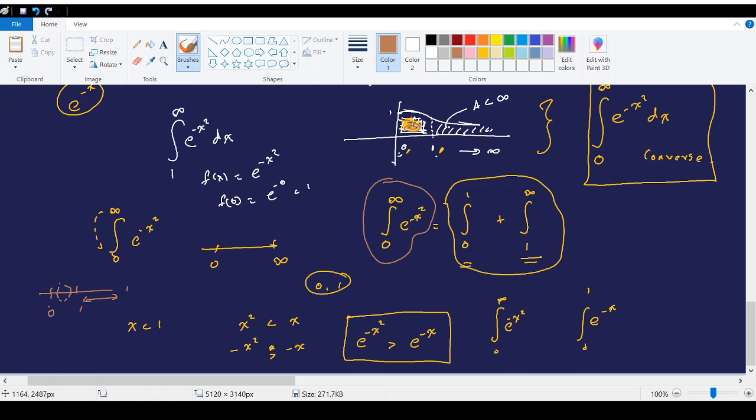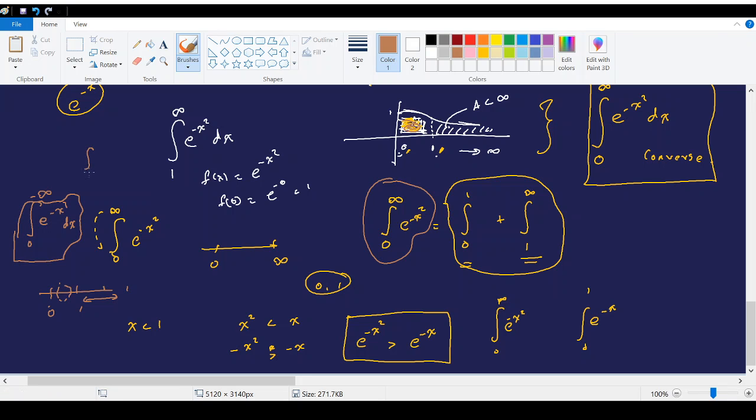That means it doesn't have any vertical asymptotes. So putting all these things together, we can say that the improper integral from 0 to infinity of e to the power negative x squared converges.